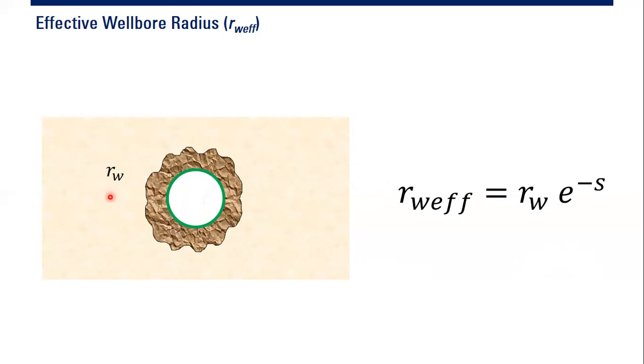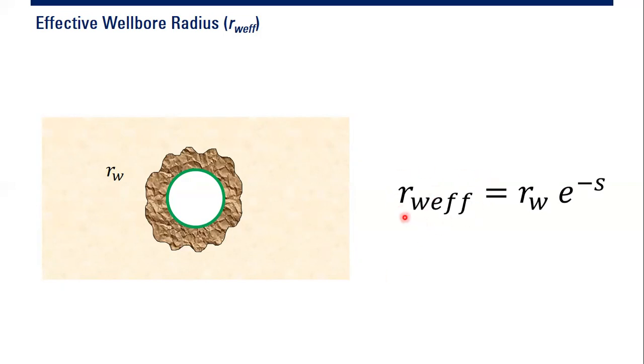But regarding the productivity of this well, or the capacity of this well to enable fluid flow, now we can see another wellbore radius, which is different from the initial wellbore radius. We call that new wellbore radius the effective or equivalent wellbore radius.